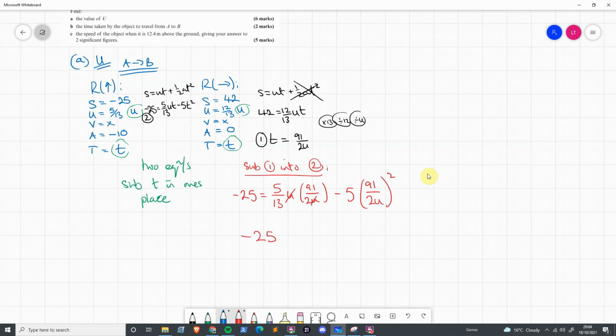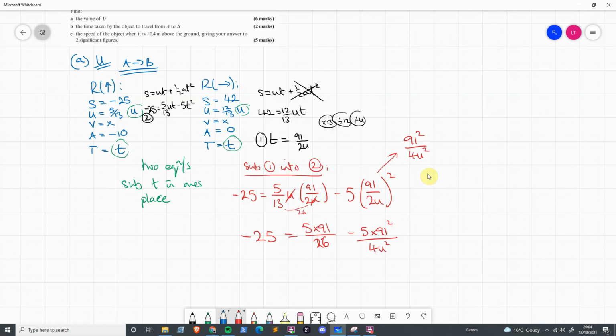So minus 25 equals 5 times 91 over 13 times 2, which is 26. I don't know what 5 times 91 is off the top of my head, so I'm just going to leave it like that for now. And then this is minus 5 times 91 squared over 4u squared.